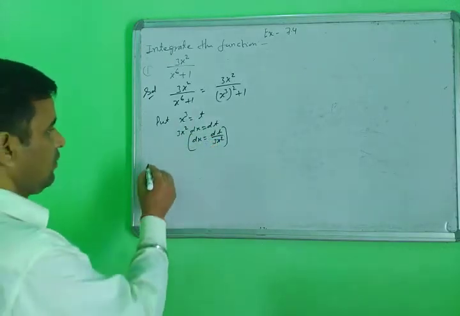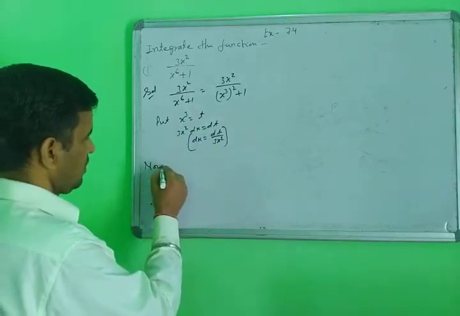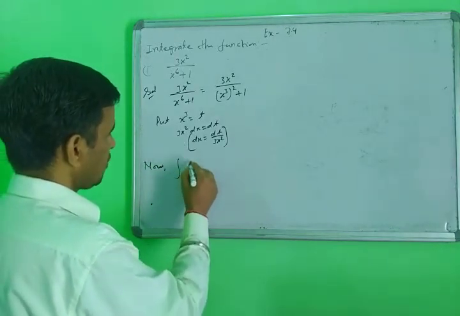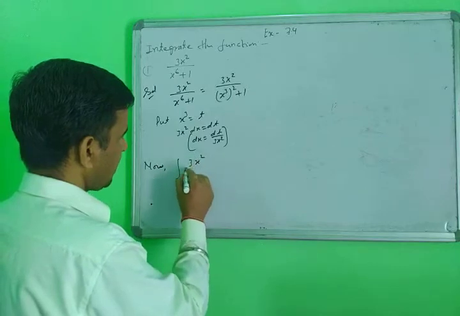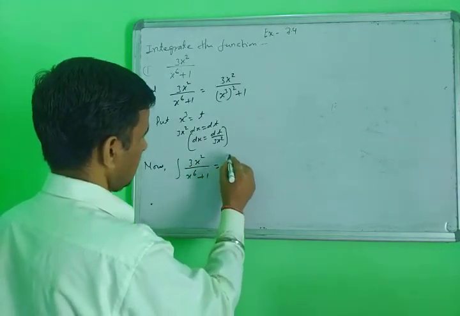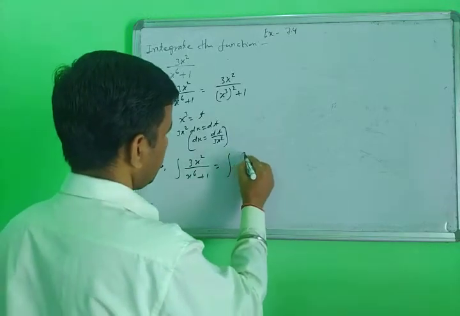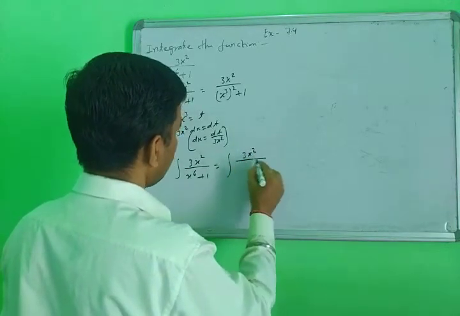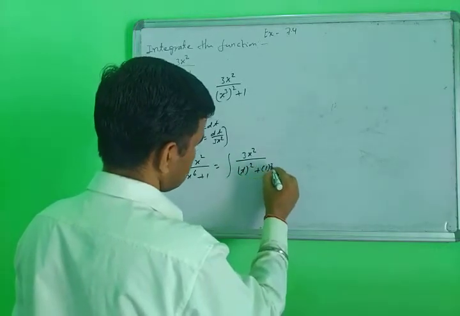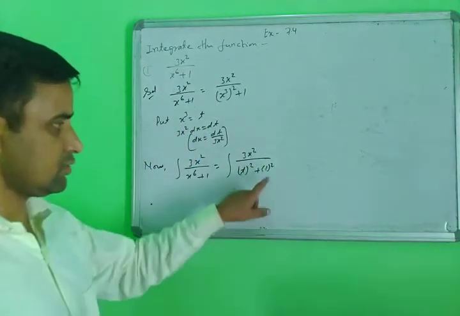So now the integration of 3x square upon x exponent 6 plus 1 equals the integration of 3x square upon t square plus 1 square, 1 square is 1.